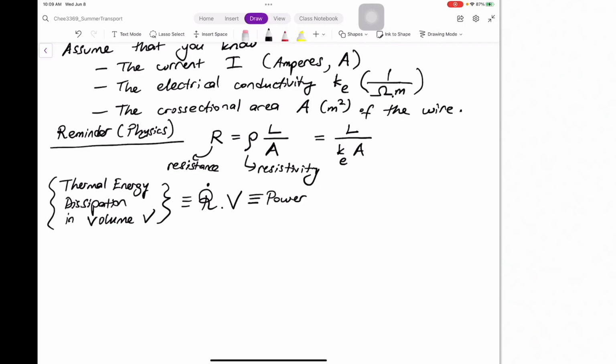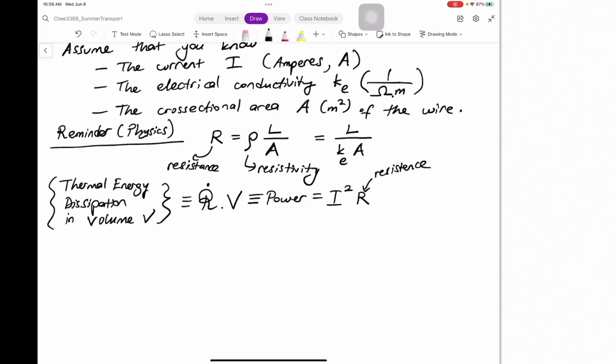This is from your physics notes. Power is equal to I squared times R. This time this R is not the fancy R, and it's not the radius. It's basically the resistance of the wire.